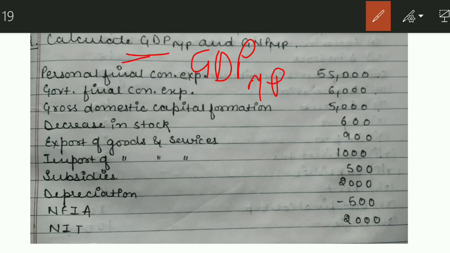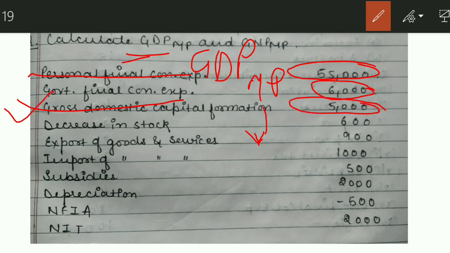You know that GDP at market price is the sum of four things: private final consumption expenditure, which is given here as 55,000, plus government final consumption expenditure, that is 6,000, plus gross domestic capital formation, that is 5,000 over here.